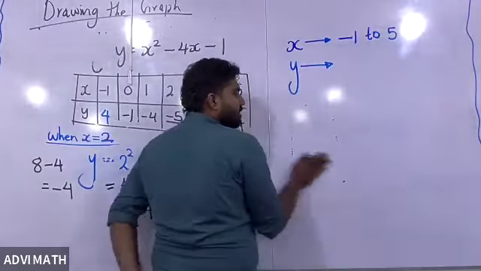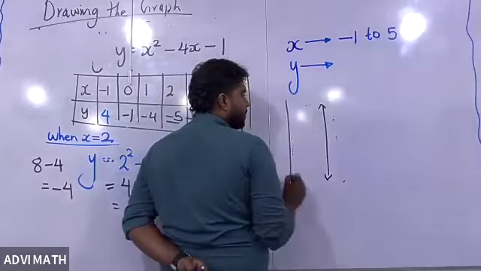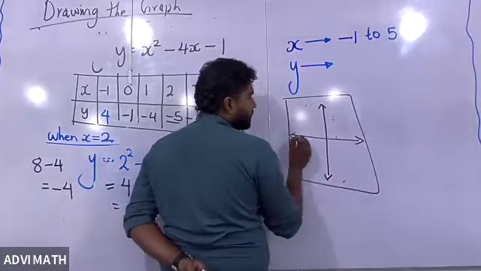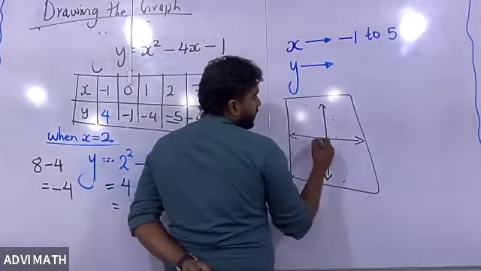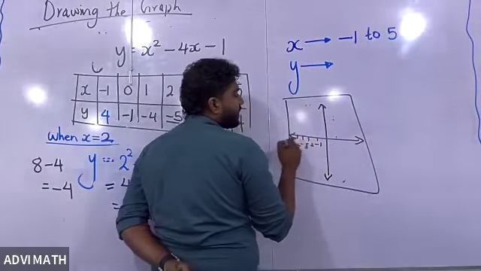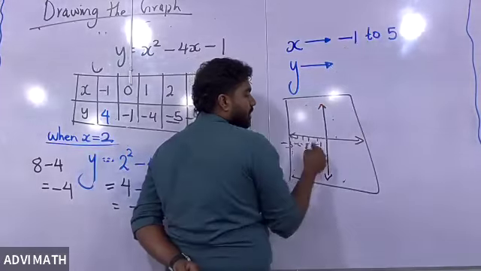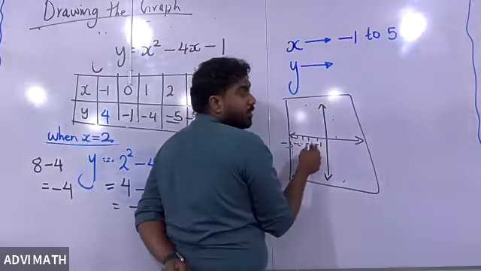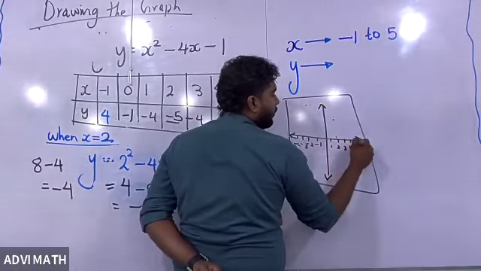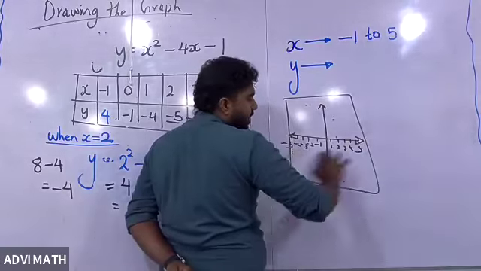If you draw the way you usually do, this is your y and this is your x. Then you start off with -1, -2, -3, -4, -5 and so on. But until what do I need? Only until -1. But when you put 1, 2, 3, 4, 5, what will happen, you know?